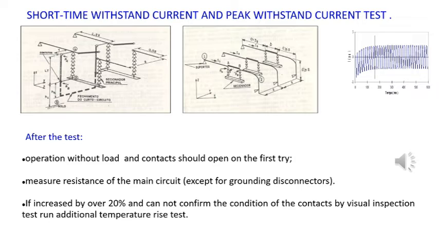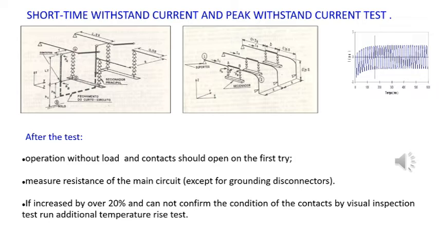We usually do, before the test, a measurement of the resistance of the main circuit. We do an operation without load before the test, and after the test, after the short circuit, we repeat the same operations. We measure the resistance again, and we try to do the operation without load again.